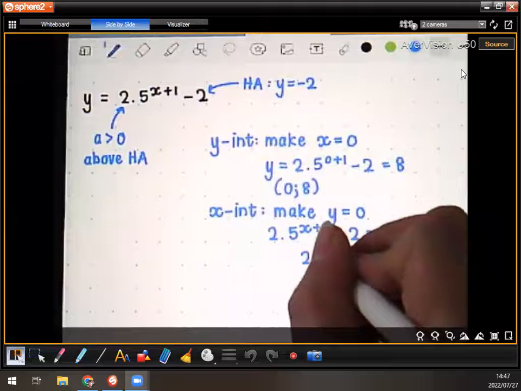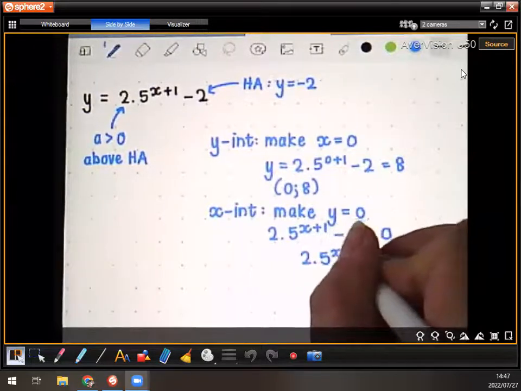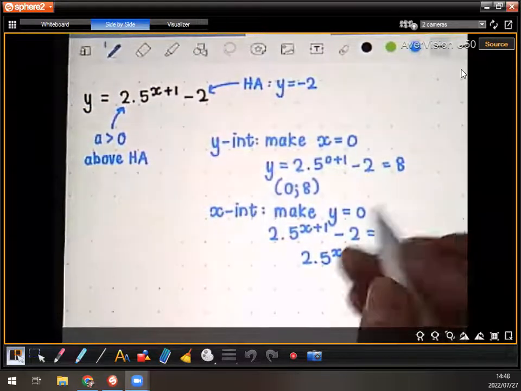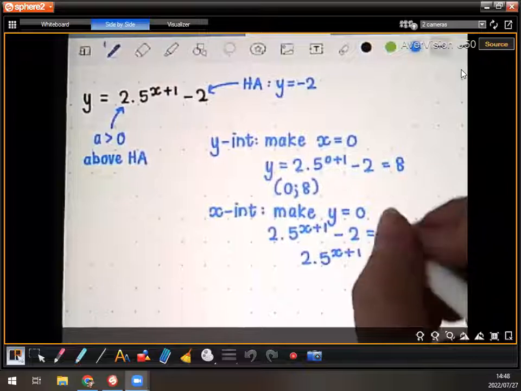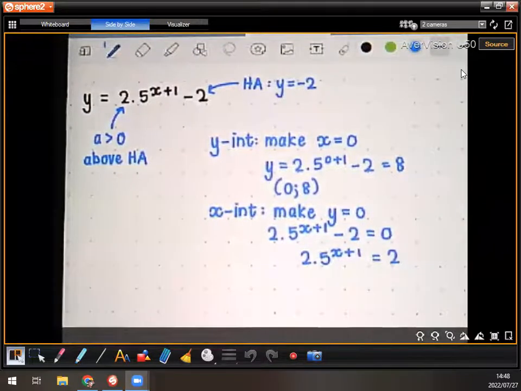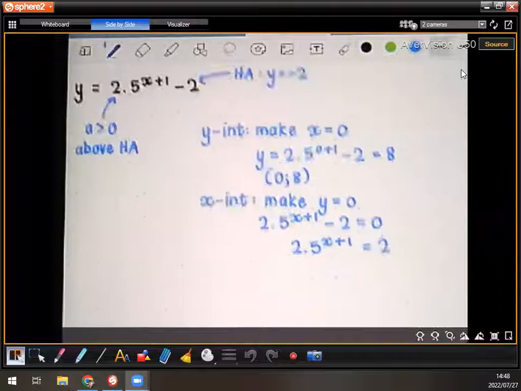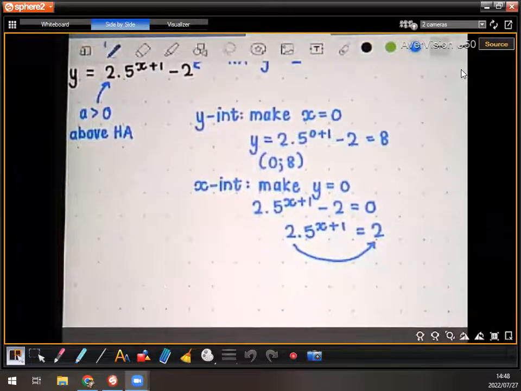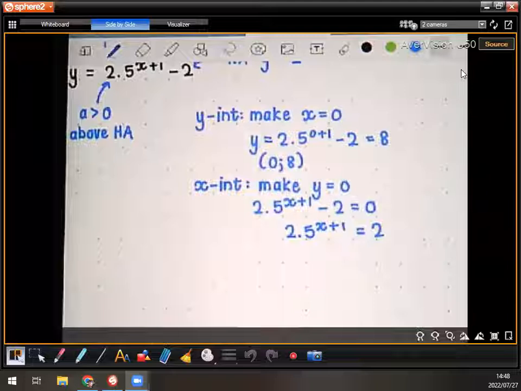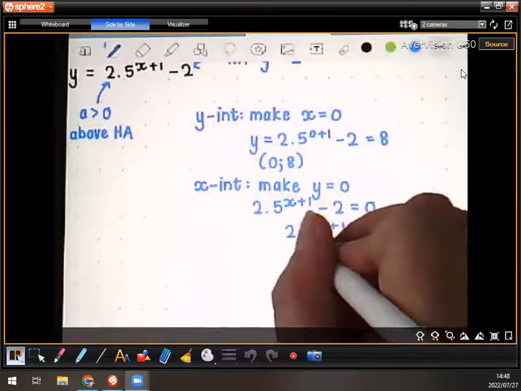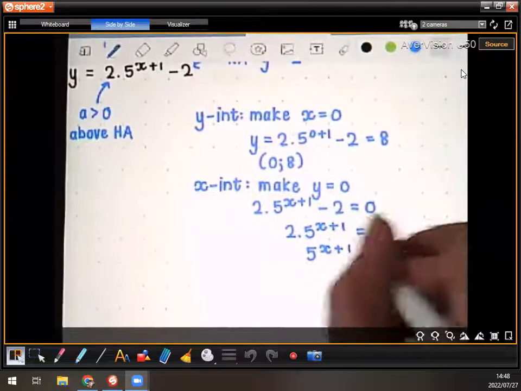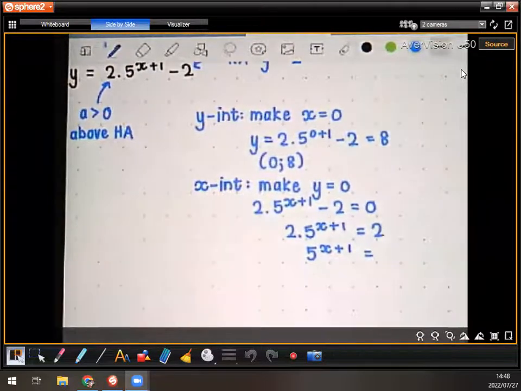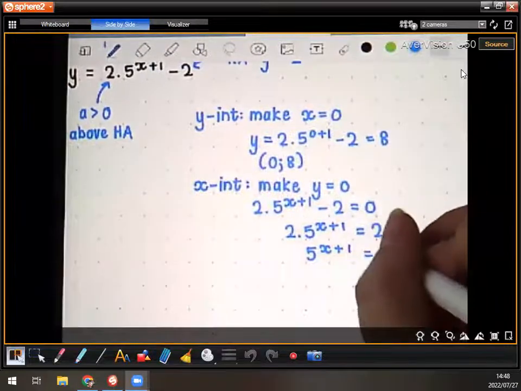It's going to become positive 2, so we're left with this whole term, and 0 plus 2 is just going to be 2. Next up, I'm going to have to move that 2 over to the other side. What am I going to do with this? Divide. Good. So I have 5 to the power of x plus 1 is equal to 2 divided by 2, which is 1.